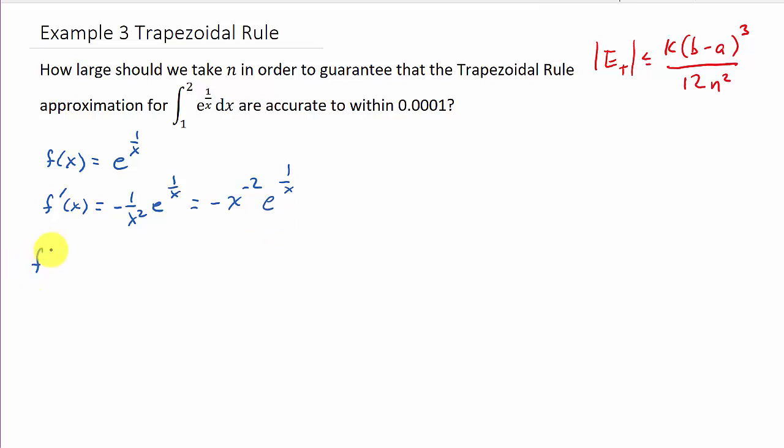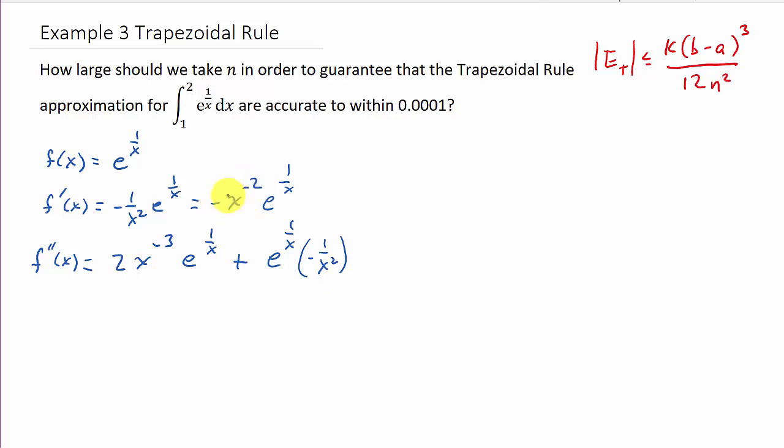So f double prime of x is equal to, the product rule is the derivative of the first term, so the negative 2 comes down, so that's going to be 2x to the negative 3, times the second function, e to the 1 over x, plus the derivative of the second function, which is e to the 1 over x, times the derivative of the exponent, so times negative 1 over x squared, times the first function.